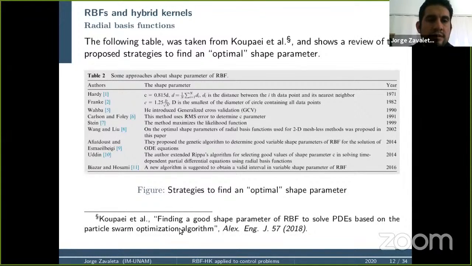Since the very early stage of radial basis functions, there have been strategies to find an optimal shape parameter, but now, in 2018 and 2020, there are also several papers related to finding an optimal shape parameter. This is an active and open problem that I think is going to be active for a long time.